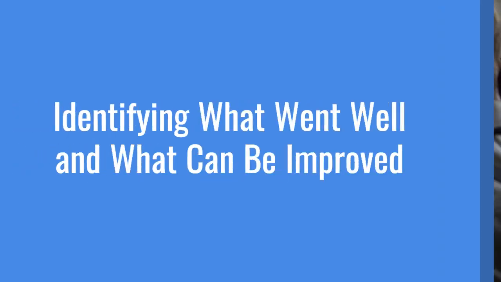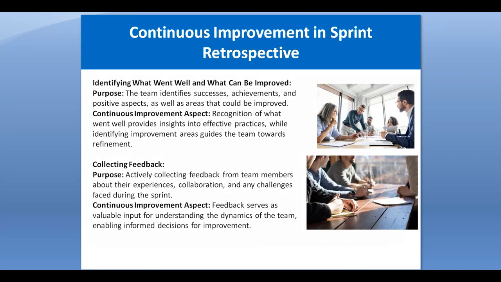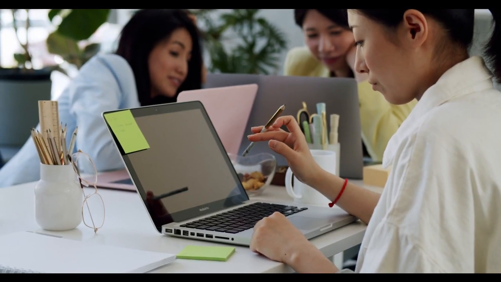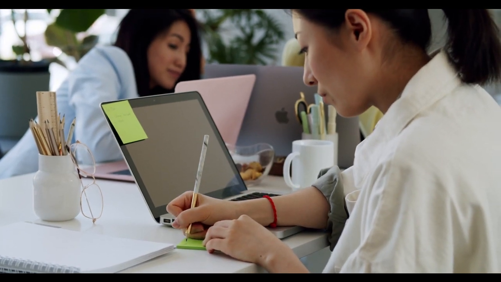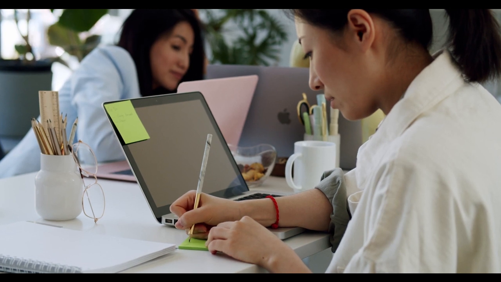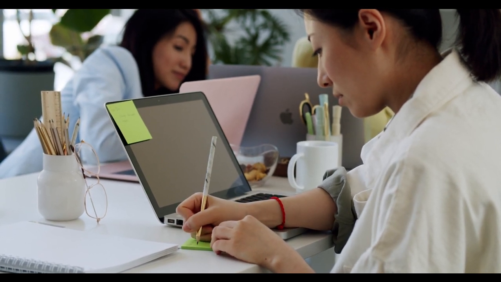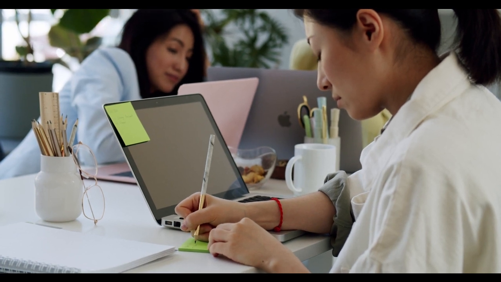Then identify what went well and what can be improved. Friends, there are basically two aspects of the sprint retrospective. First, what went well, meaning the things which were positive and should be continued in the upcoming sprint as well. Achievements and positive aspects should be celebrated.